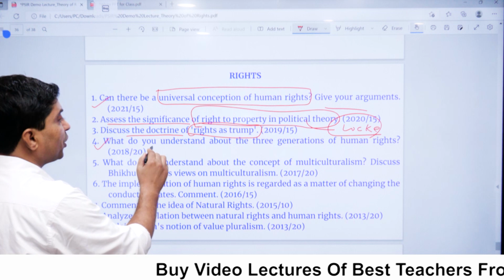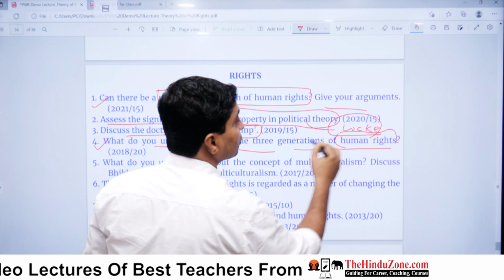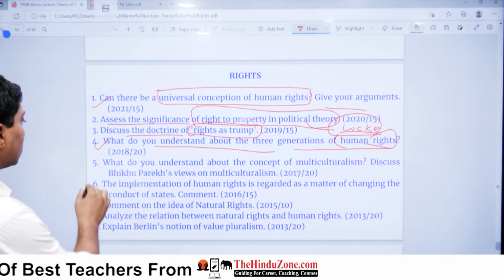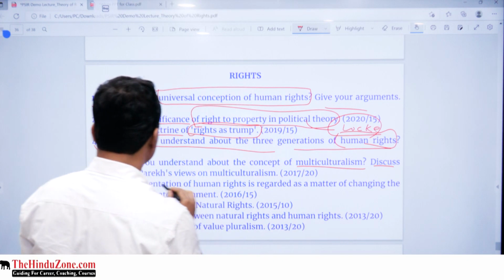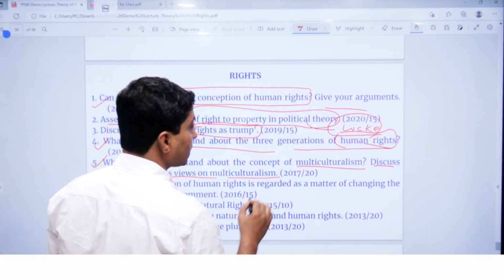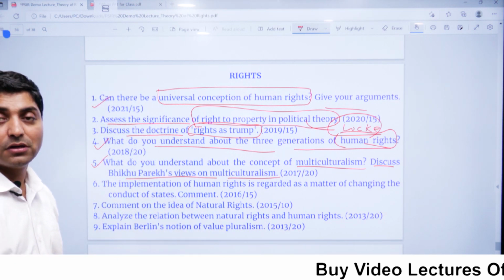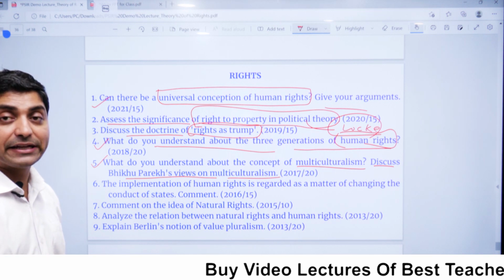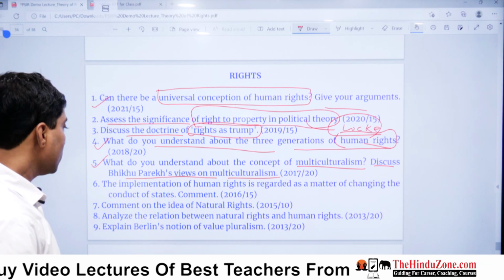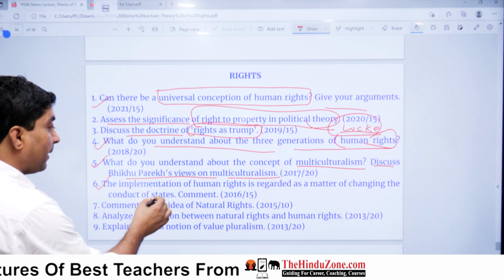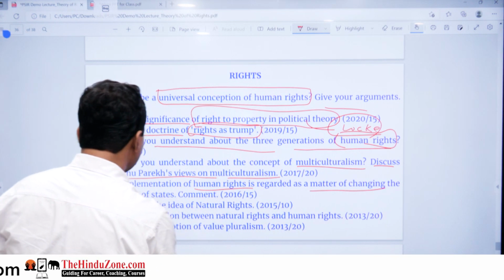Now, fourth, what do you understand about the three generations of human rights? We talked about that. The fifth, what do you understand about the concept of multiculturalism? Discuss Bhikhu Parekh's view on multiculturalism. I talked about what multiculturalism means, and Parekh's argument in his book Rethinking Multiculturalism. Now, sixth, the implementation of human rights is regarded as a matter of changing the conduct of the state.